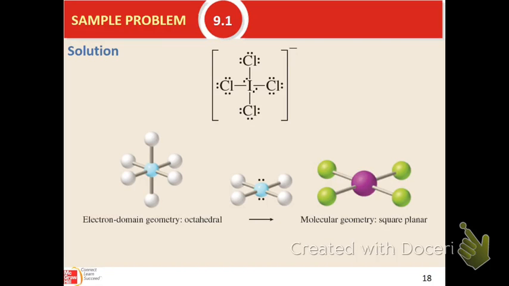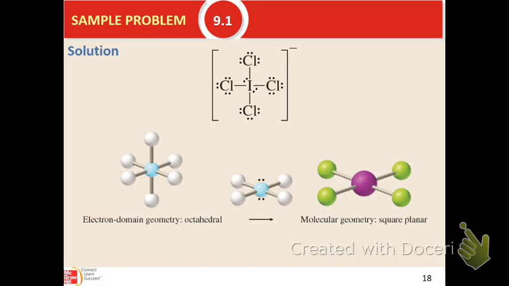The fact that 2 of those are unshared makes it flat like that. Okay, so that's super important that you get that. All right. And that was on pages 369 and 370 of how you'd work that out.